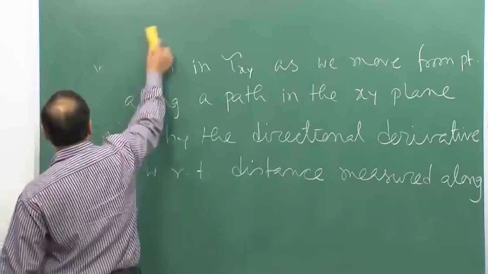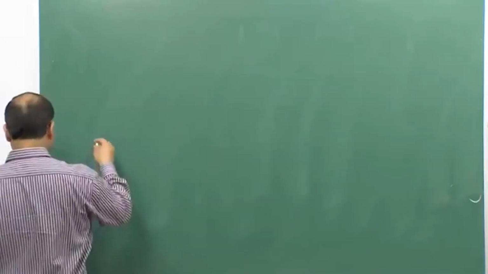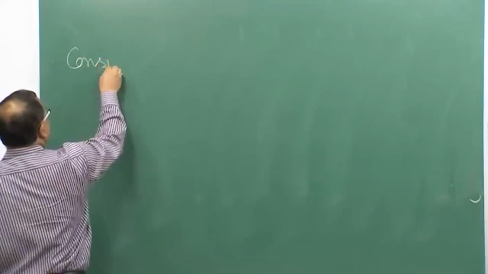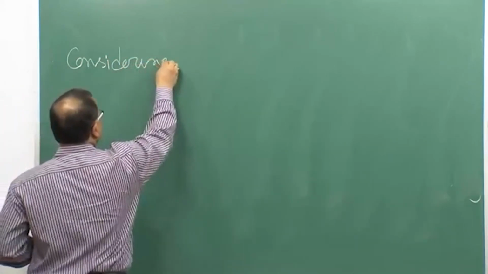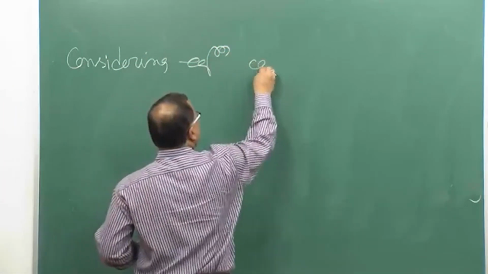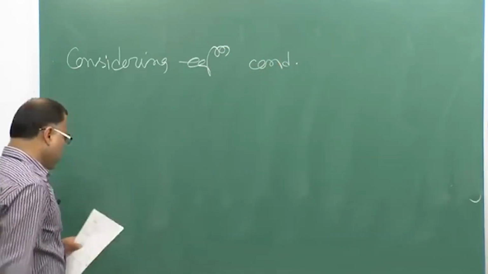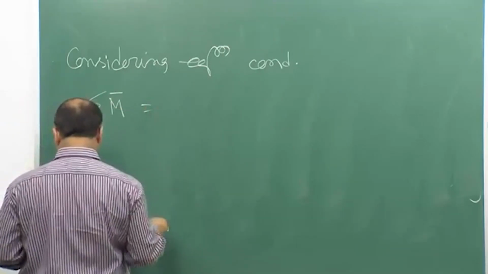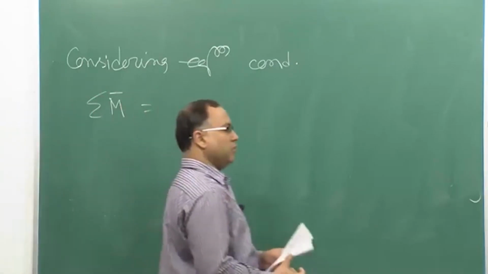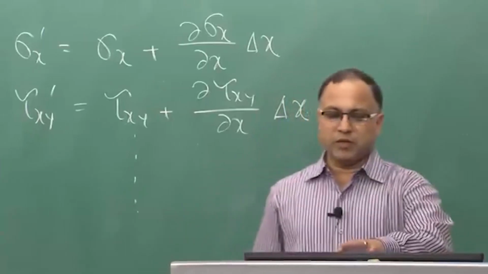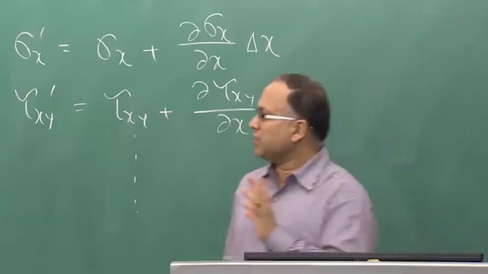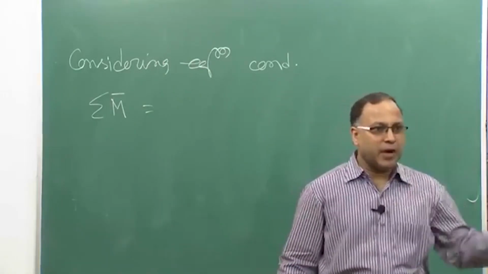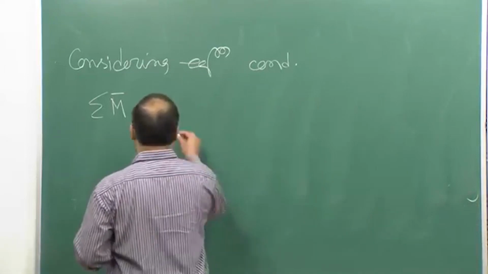So, if we exploit the equilibrium condition, then what do we get? We are just considering the equilibrium condition, okay, and we are taking the moment equilibrium with respect to point O, or the center of the element. Now, the point O is at the center of the element, so we are considering moment equilibrium with respect to the center of the parallelepiped or the element, and that must be 0.